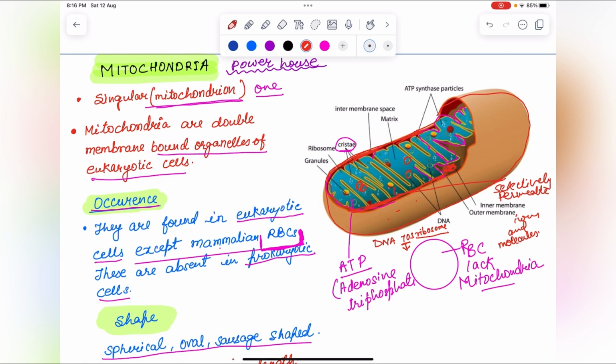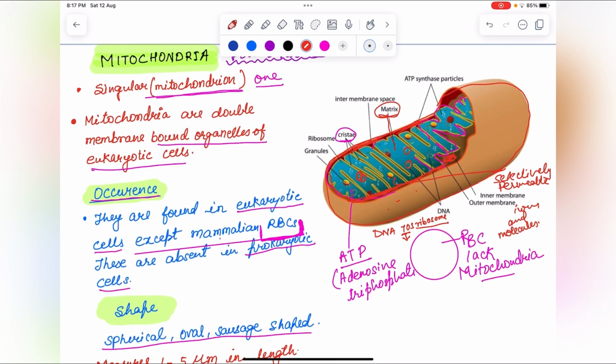This cristae increases the surface area of the mitochondria to hold a variety of enzymes, and this increases the surface area for the production of ATP. The matrix contains various enzymes for the synthesis of ATP. Now next, what is the function of mitochondria?